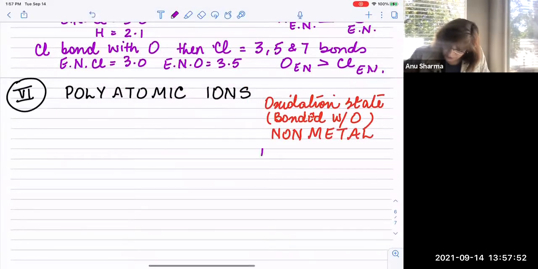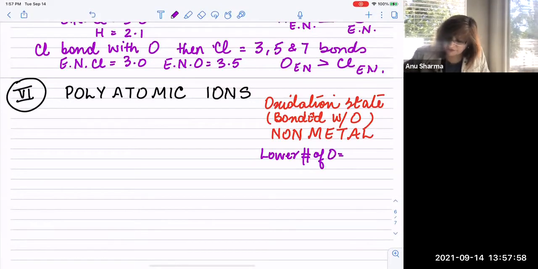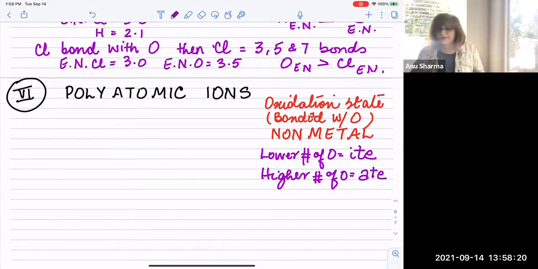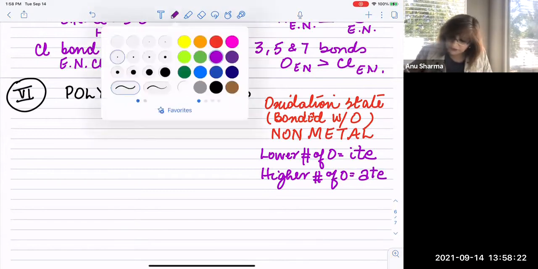The lower number of oxygens is going to end in ITE, I-T-E, and the higher number of oxygens ends in ATE. Now let's look at these polyatomic ions.